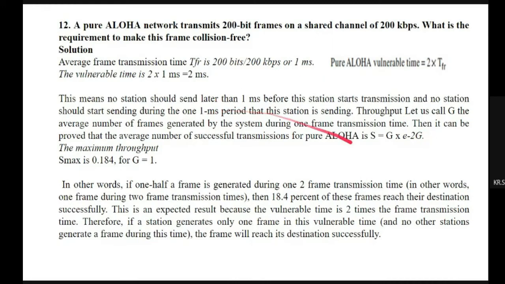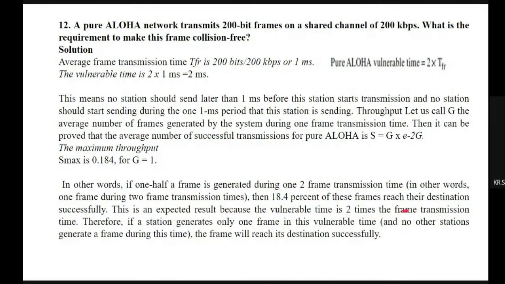So you should just apply the final maximum throughput, there is 0.184 when the corresponding G value is 1. If you increase the corresponding value, from 1 to 2 or 2 ms, it will be changed. The throughput, the maximum throughput and the pure Aloha value will be changed.